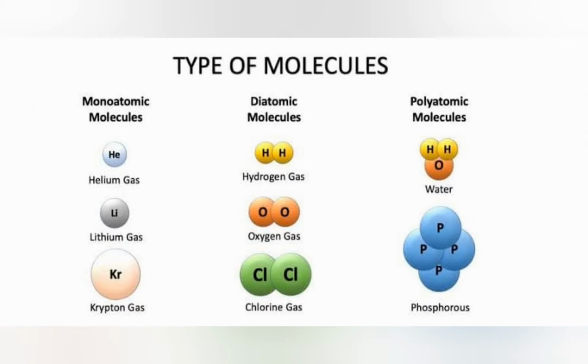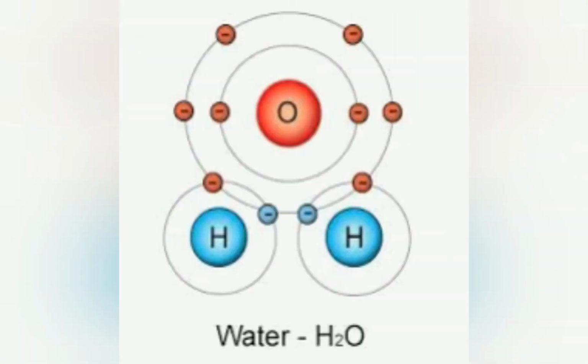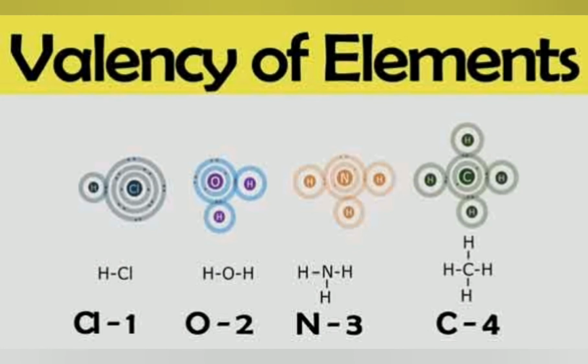I have told you atoms of an element combine together to form molecules of that element. And molecules of elements combine chemically to form chemical compounds. While forming compounds, atoms share their electrons according to their combining capacity. This you will learn in detail in higher classes.